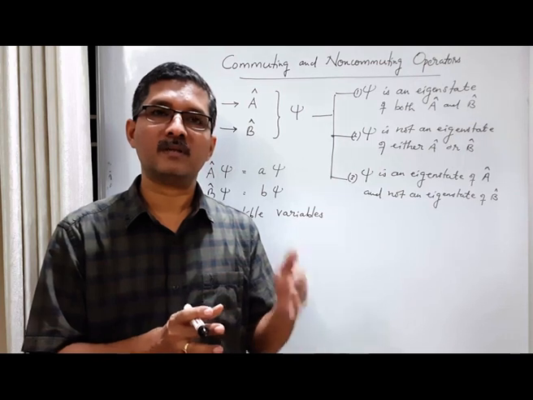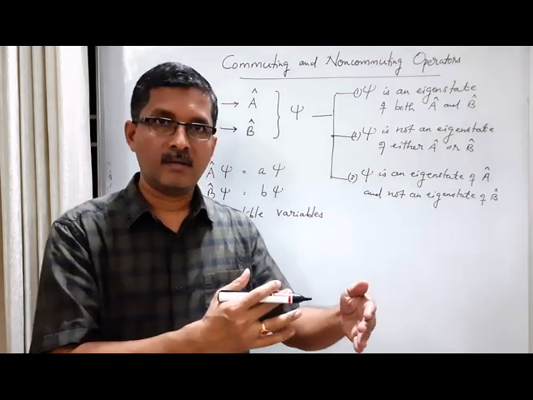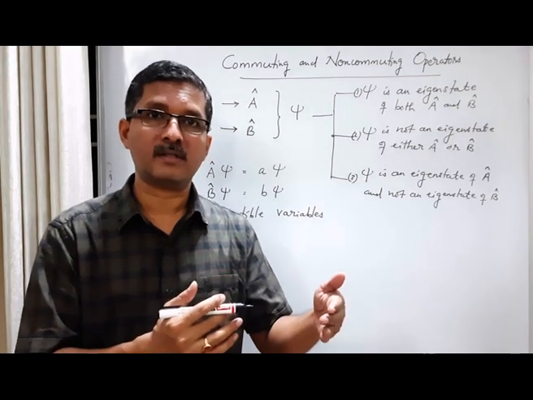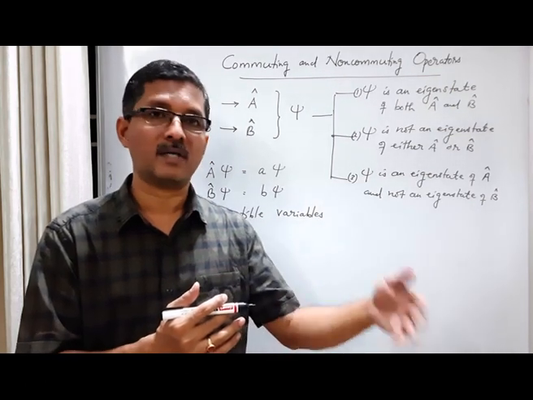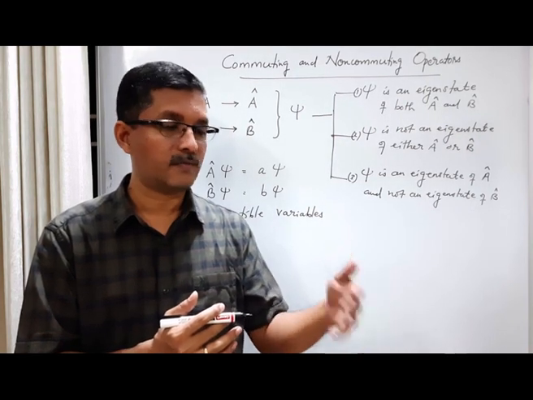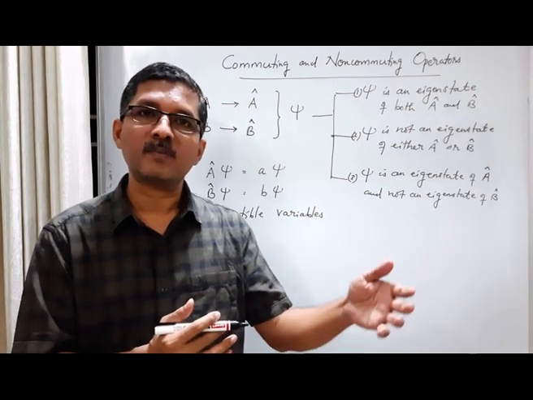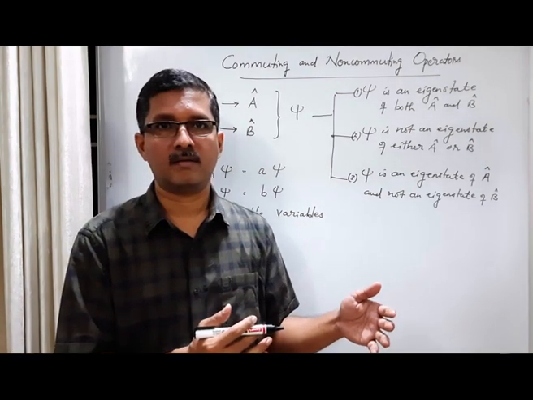So after the measurement, the state remains psi. Now we measure B. Psi is also an eigenstate of the operator B, so we get the corresponding eigenvalue, small b. And immediately after the measurement, again the state remains psi.